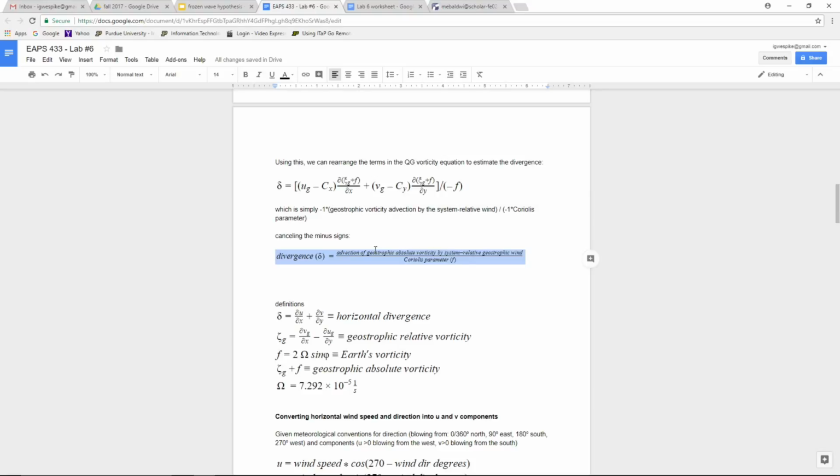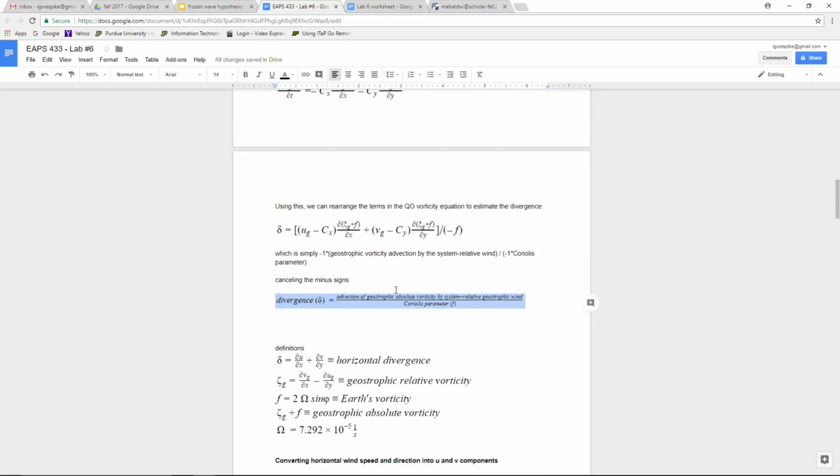And these are things that we can use the software to calculate and actually come up with numerical values for the horizontal divergence. It's also good to see this relationship, really, that the divergence is basically directly related to the vorticity advection.